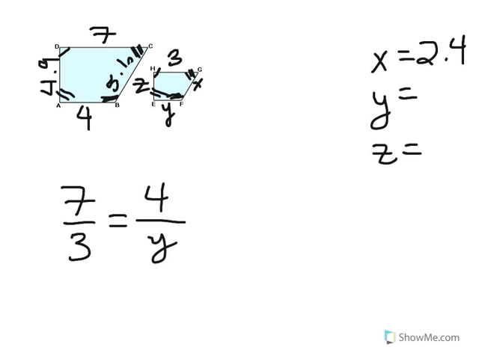Same process will work here. Cross multiply: 7 times y must equal 12. Divide both sides by 7. And given that these are lengths of figures, it's appropriate to go ahead and make these answers into mixed numbers. So y is equal to 1 and 5/7.